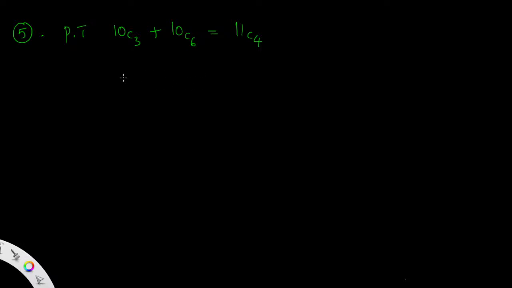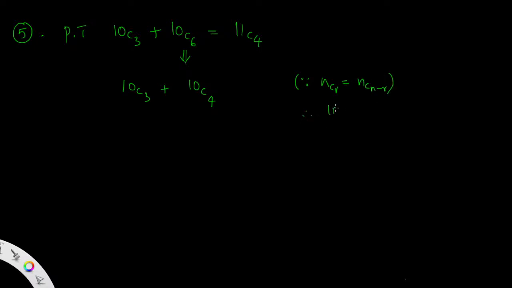So 10C3 plus 10C6 equal to 11C4, this we need to prove. So now apply this formula. 10C6 can be written as, what is the formula? nC(n minus r). So 10C4. Why are we writing like this? nCr equal to nC(n minus r).